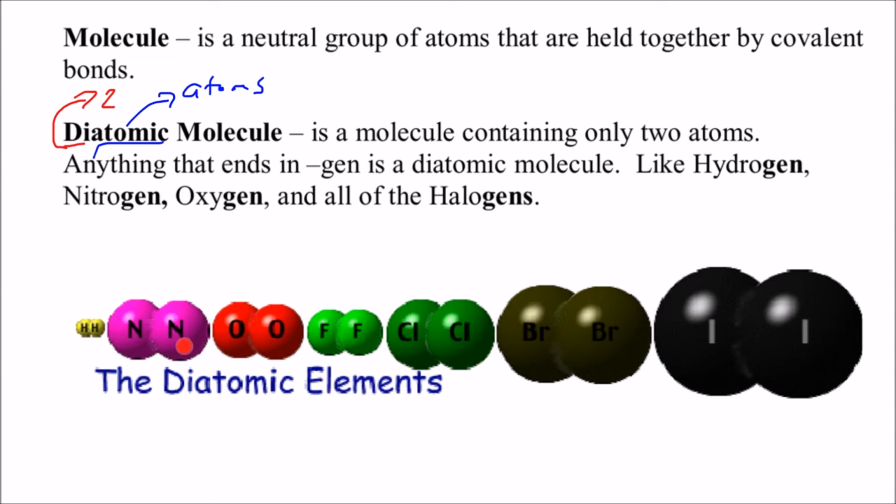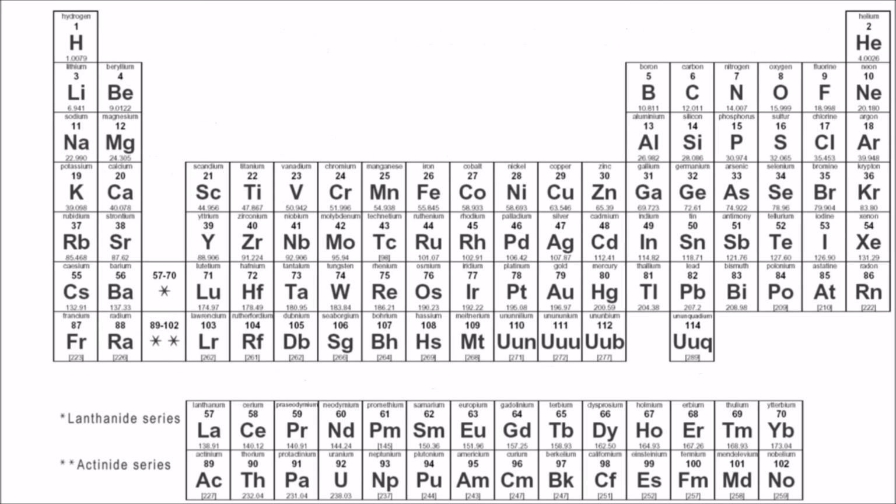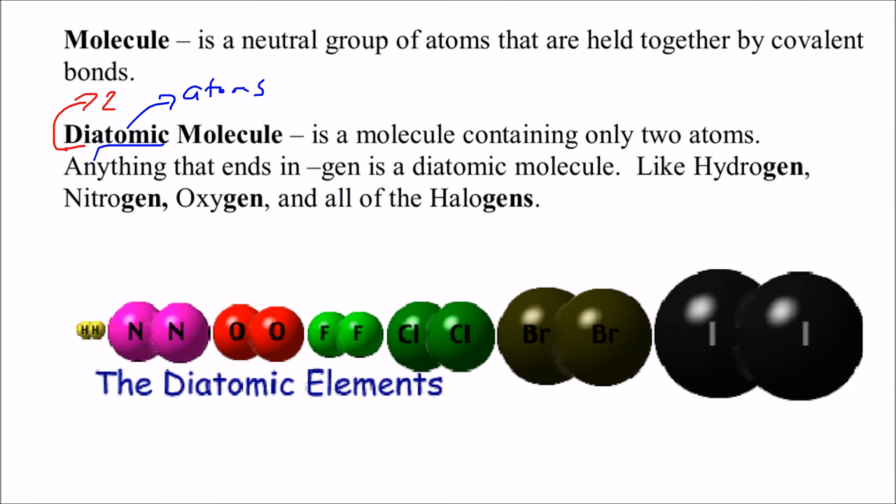Quick review for you. Remember, this column right here in the periodic table are the halogens. They're right next to the noble gases. So that's why all of these are also diatomic molecules.